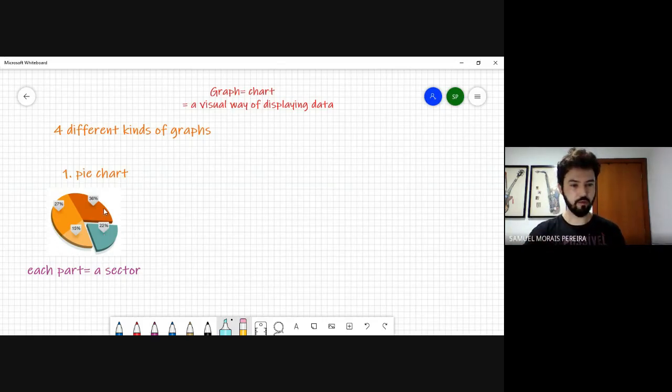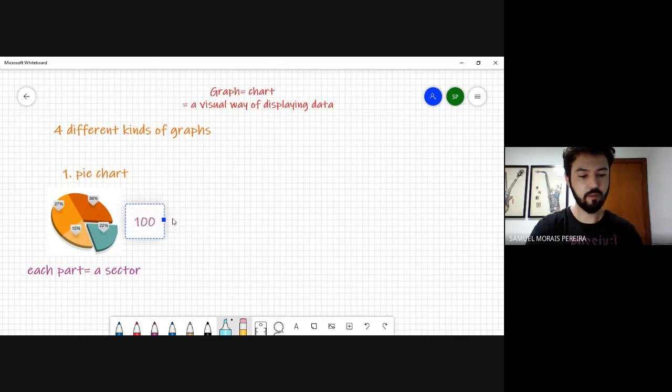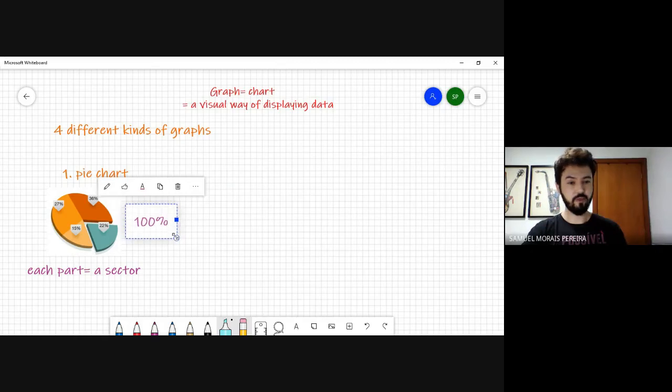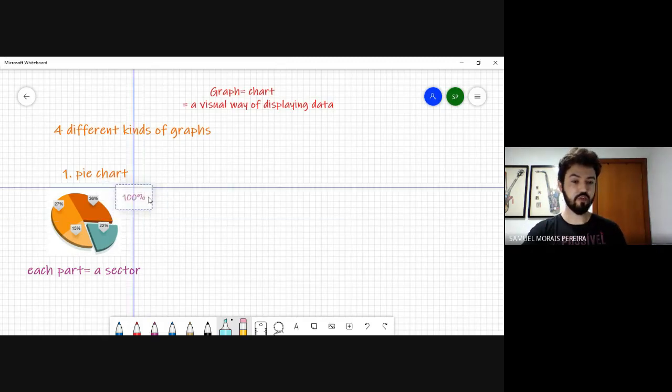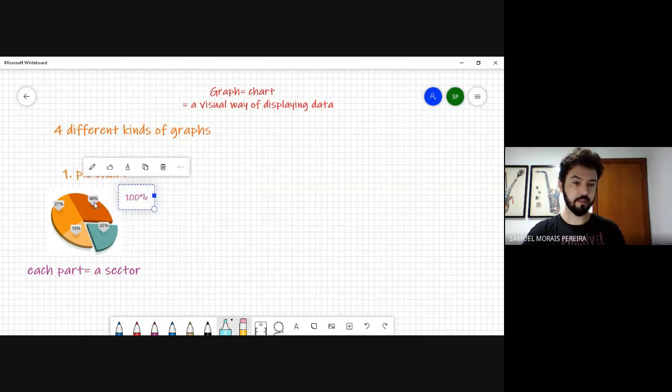So the whole circle is 100%. And each sector represents just a percentage of that whole, of that 100%, okay, as you all know, okay?